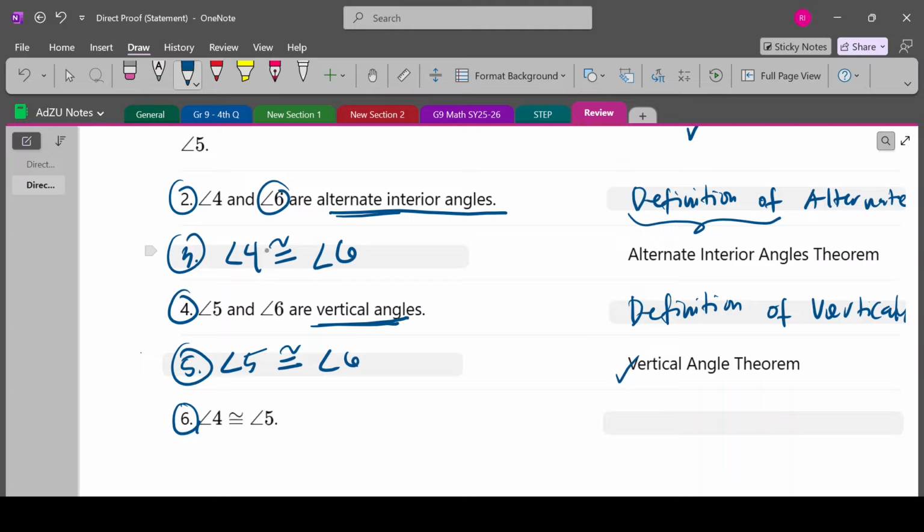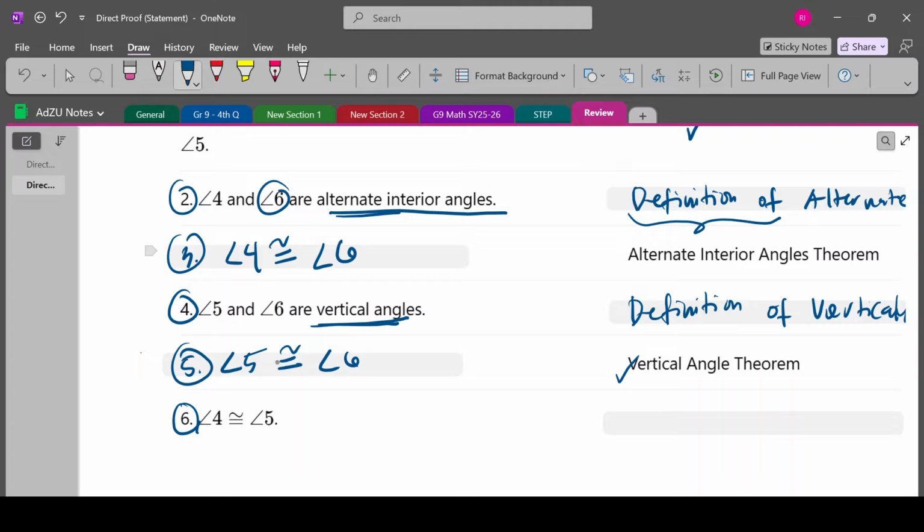That if this is equal 4 and 6, then 6 and 5 is also equal. Kasi dito, 5 and 6 are equal, right? Again, so 4 and 6 are equal. 6 and 5 are equal, right? Makes sense ba? Okay, again, 4 and 6 are equal, then 6 and 5 are equal.